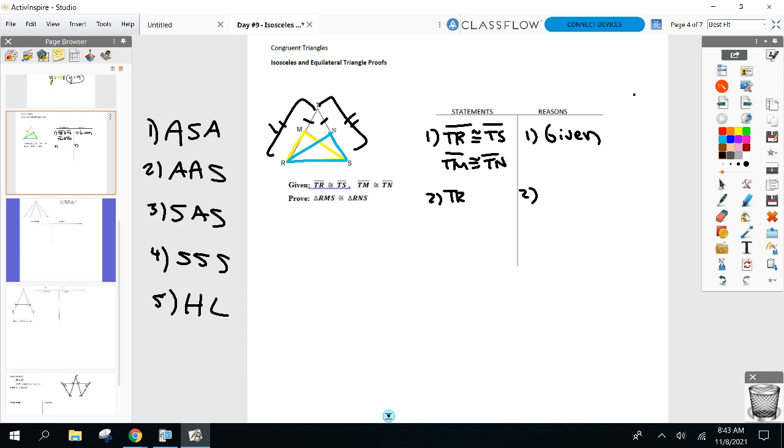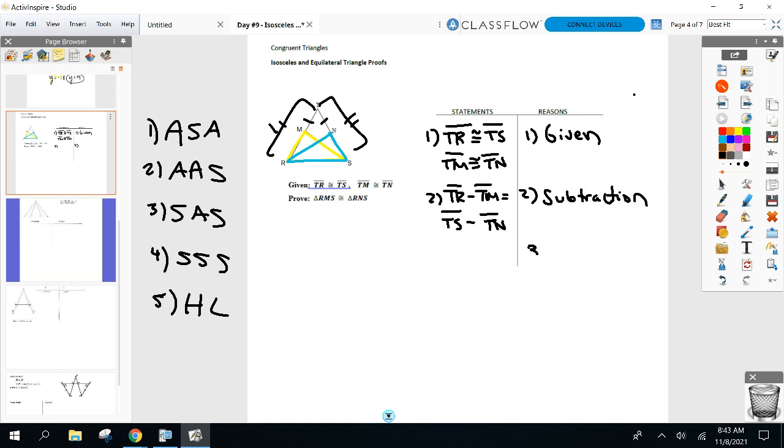TR minus TM equals TS minus TN. Subtraction. I'm just subtracting the givens. That's all I'm doing. And then this hasn't changed, right?